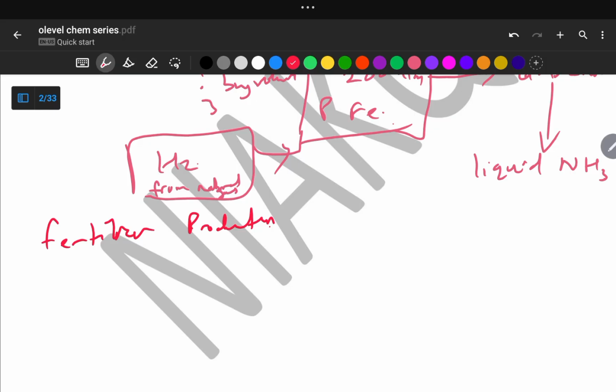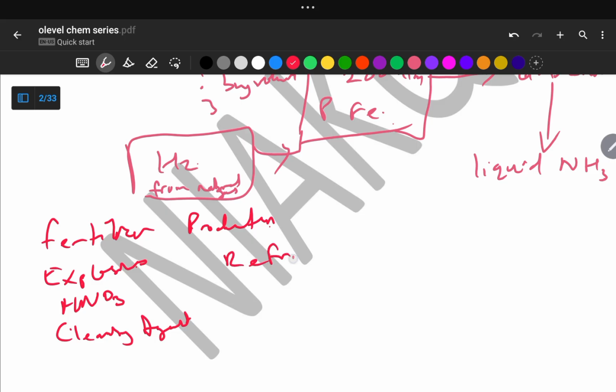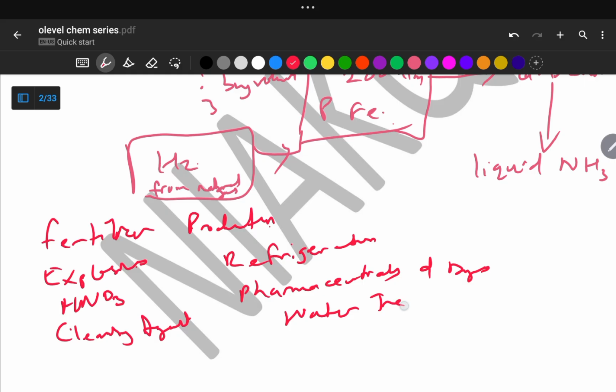Also the production of explosives, and the manufacturing of nitric acid, as a cleaning agent, for refrigeration, for pharmaceuticals and dyes, and for water treatment. So we must know the uses of ammonia.